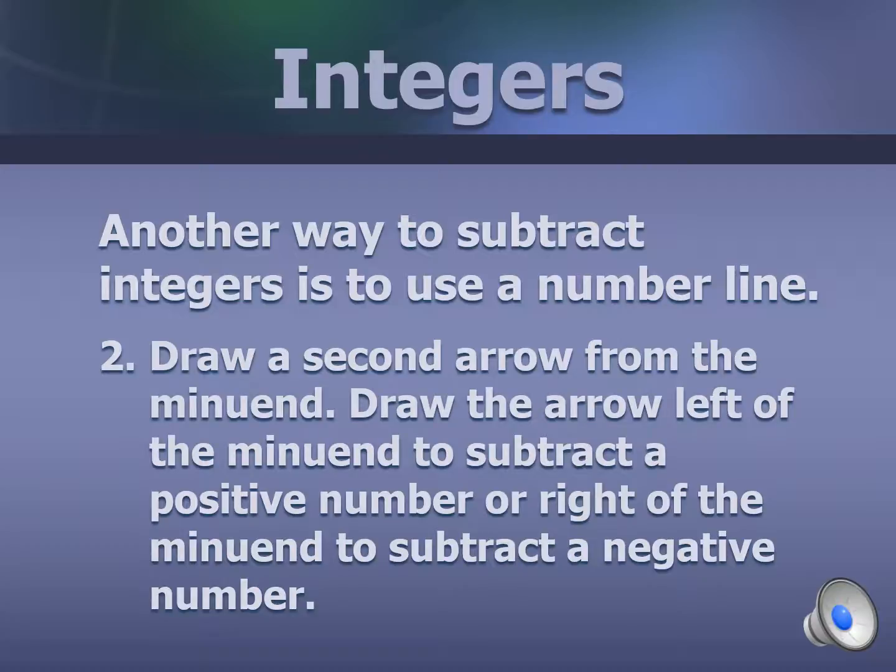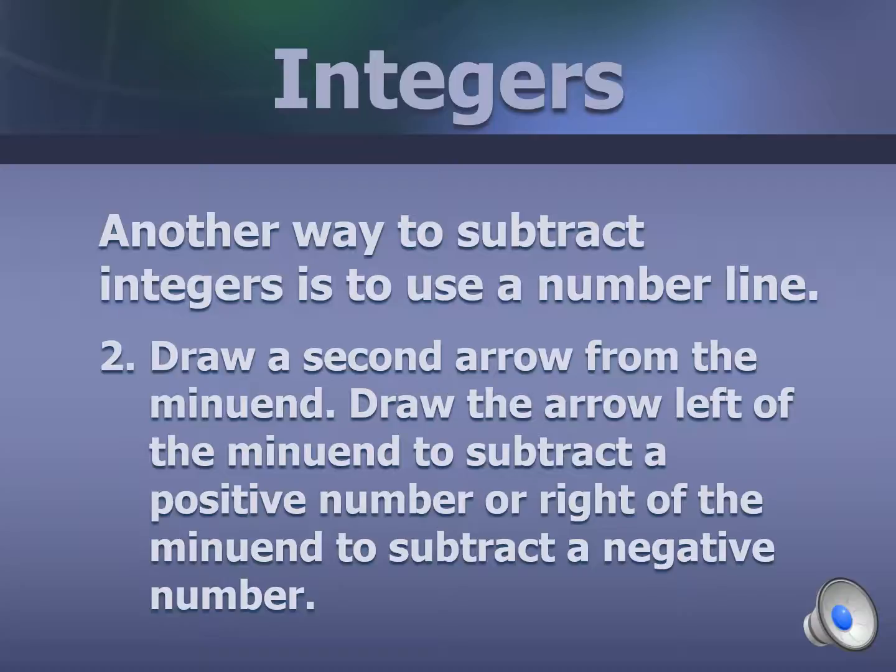Your second step is you're going to draw a second arrow from the minuend, and you're going to draw an arrow left of the minuend to subtract a positive number, or right of the minuend to subtract a negative number. Now, what I want you to write in parentheses after this number 2 step is the words inverse operation. Inverse operation.